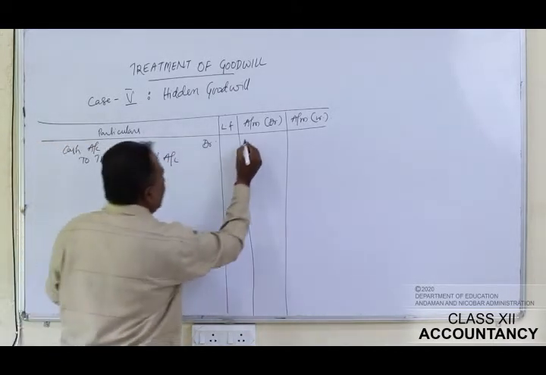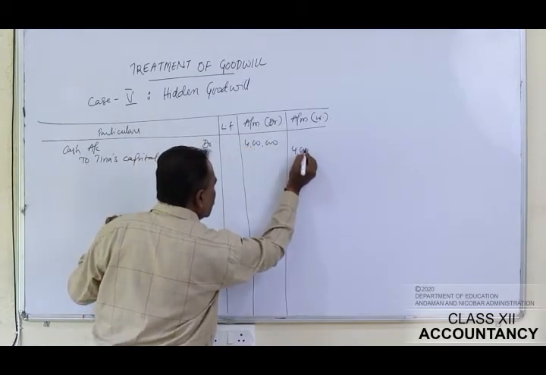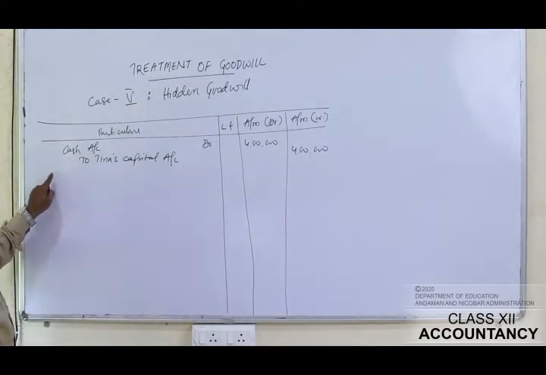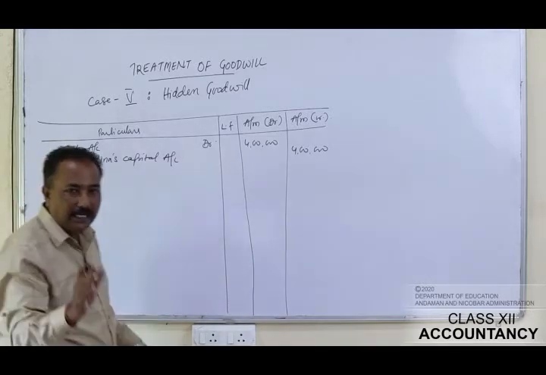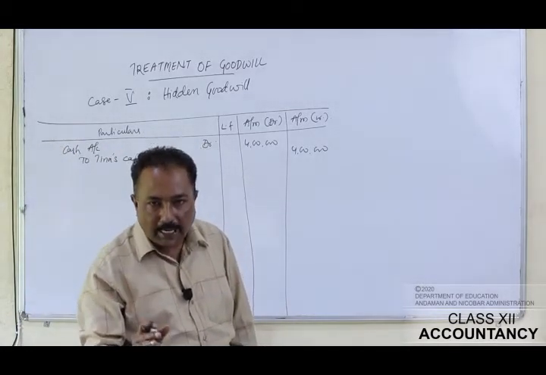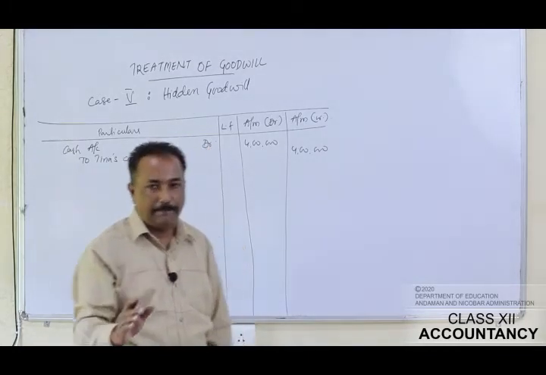What is the amount that is coming in the business? It is rupees 4 lakh. So, here you have to write down rupees 4 lakh. After this, just below this entry, you have to write down the narration, and the narration will be being rupees 4 lakh brought in by Tina as her share capital.